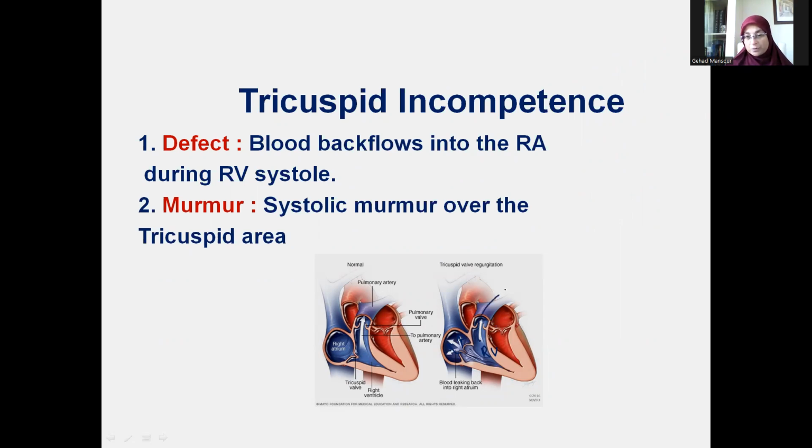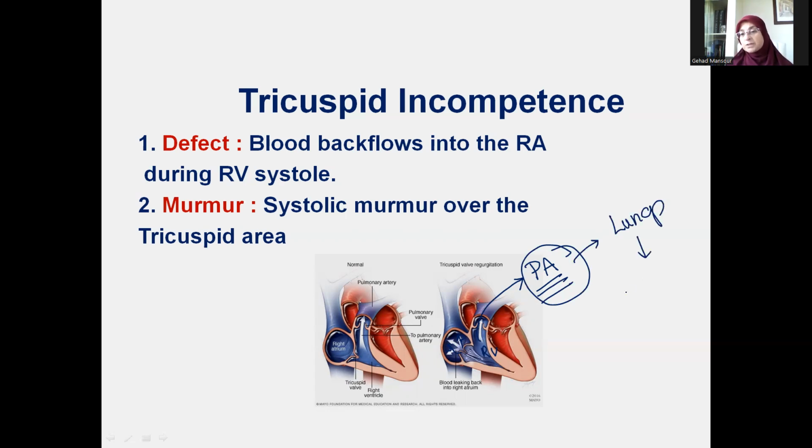So while the right ventricle is pumping blood into the pulmonary artery, a percentage of this blood regurgitates or backflows into the right atrium, which of course diminishes the volume of blood that is pumped into the pulmonary artery and therefore into the lungs.